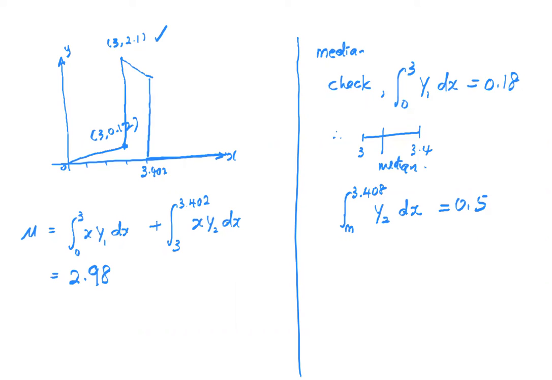So every time when you talk about median, you have to check first and decide. This is less than 0.5. So it has to lie within the other half of the region. What is the answer? The mode is definitely 3, okay? What is the answer?